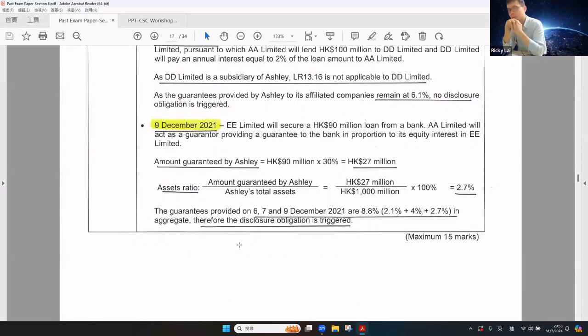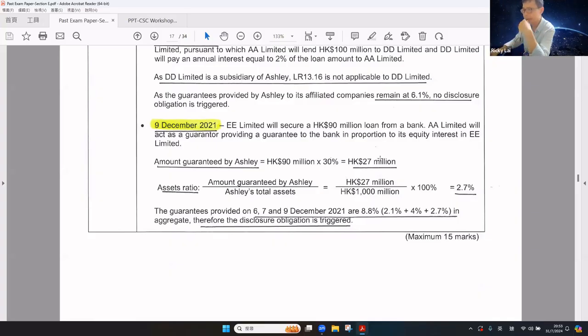How about the final loan? E will secure a $90 million loan from the bank. A will act as a guarantor, providing a guarantee to the bank in proportion to its equity interest in E. So the amount guaranteed by the listed company is $90 million multiplied by 30%, which is 27 million.